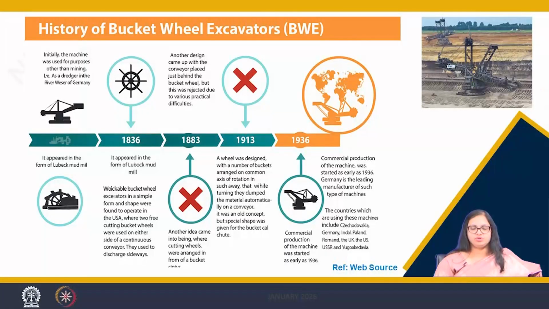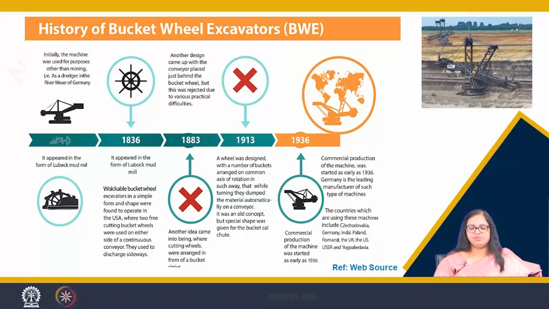So this was an old concept, and different kinds of cells, which we will discuss in detail, were made, which were not that successful. That led to a lot of material remaining inside the bucket rather than getting dumped onto the conveyor. So the design was again modified in 1936, and the commercial production of this machine started.